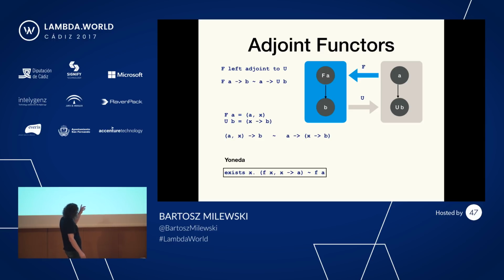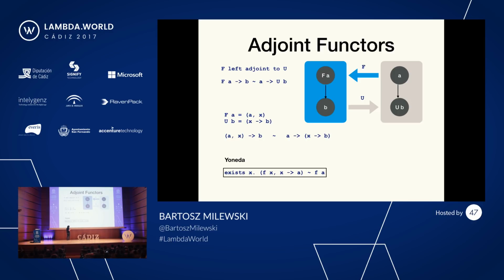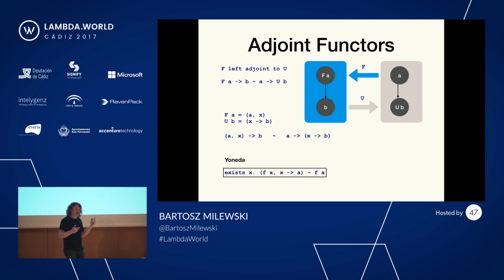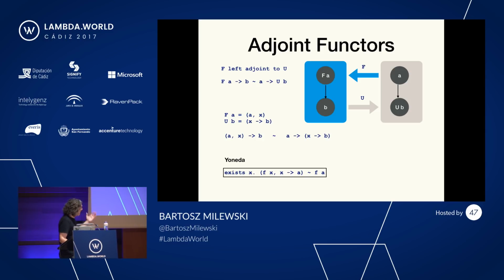And there is a function from x to a. Even though I don't know what x is, there's one thing that I can do with this: I can fmap this function over this container. And what happens? I get fa, right? So this is the co-Yoneda lemma in a nutshell. These two data structures are equivalent.